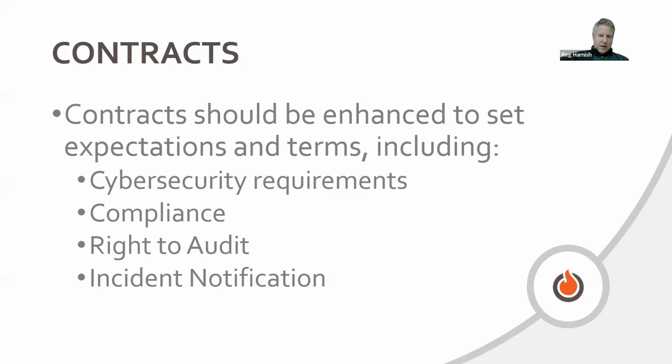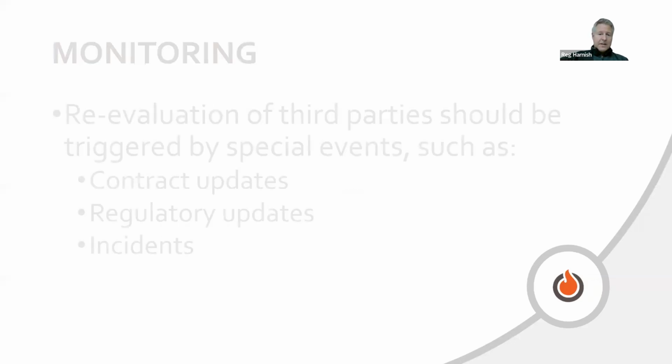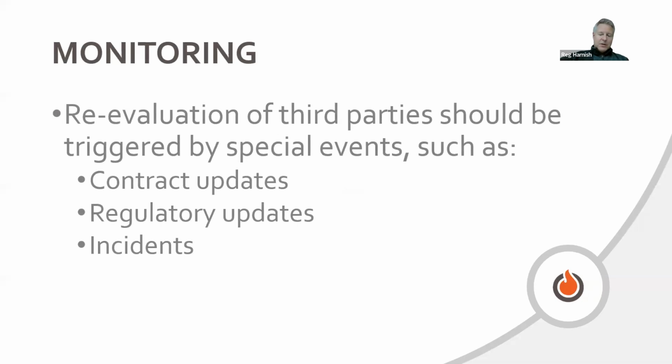But generally speaking, you want to look at somewhere between, once an incident has been declared, you need to be notified within, let's say, 24 hours, 72 hours, something like that. In some cases, it's 30 days. Some of this is going to depend on the classification of that third party and the work that they're doing for you. But your contracts, that's how you're going to enforce your expectations from your third parties.